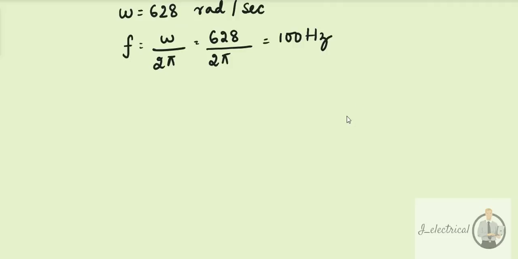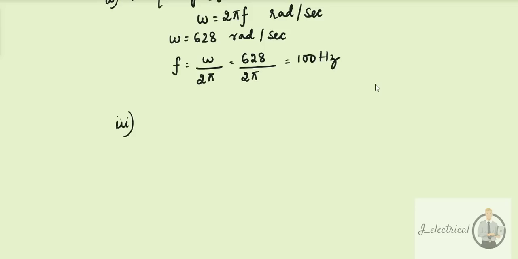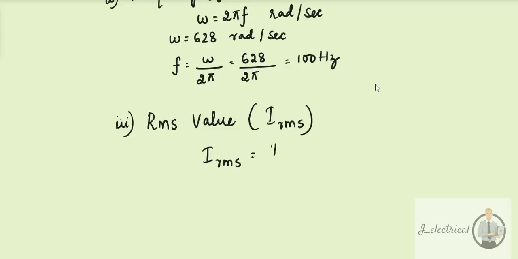Next, third one, I need to find the RMS value. Because it is the current quantity, the RMS value is denoted using I RMS. So we know that the relationship between I RMS and Imax is given by I RMS is equal to Imax divided by root 2.